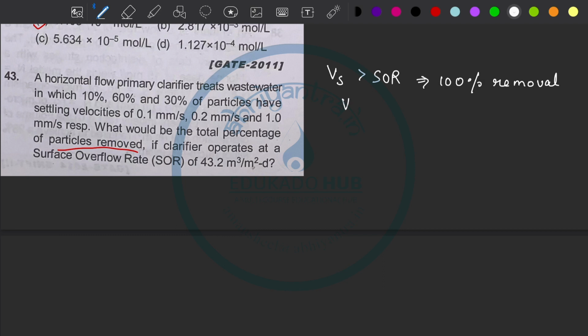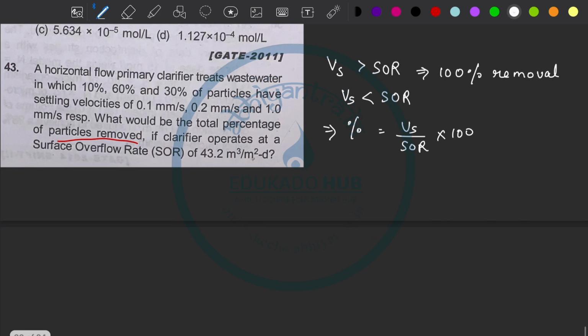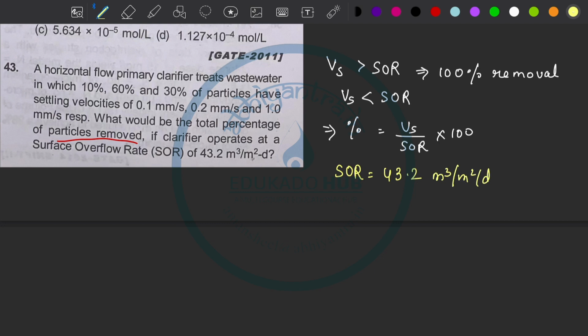And if settling velocity is less than surface overflow rate, then percentage removal is nothing but settling velocity upon SOR into 100. For us, the surface overflow rate is given, that is 43.2 meter cube per meter square per day, right?